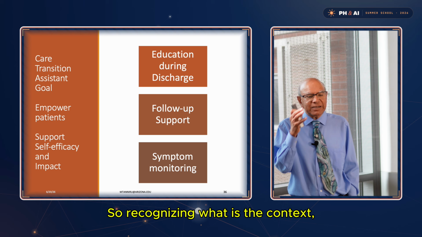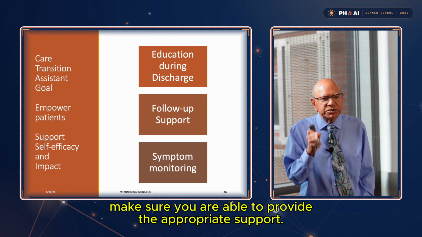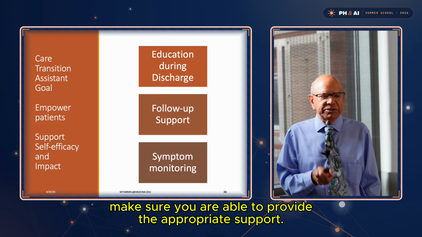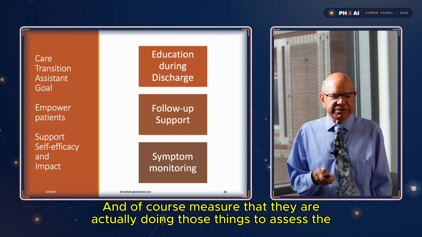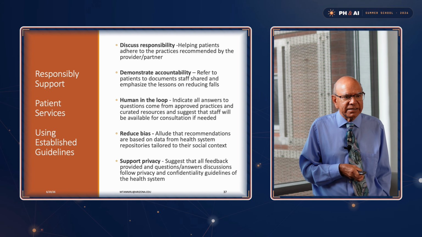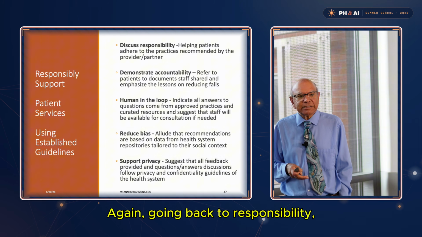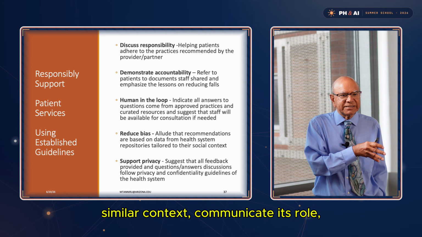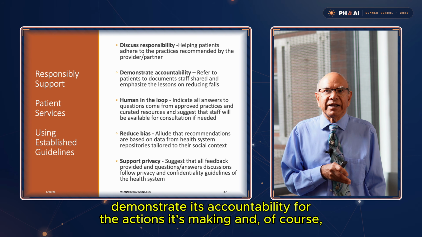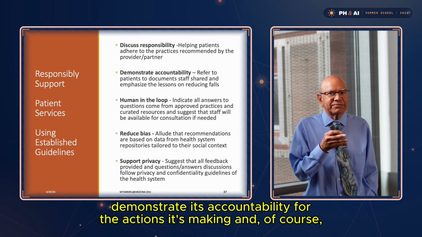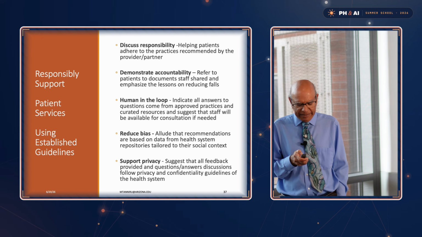So recognizing what the context is, make sure you're able to provide the appropriate support. And of course, measure that they are actually doing those things to assess the impact. Again, going back to responsibility, similar context: communicate its role, demonstrate its accountability for the action it's making, and of course, keep a human in the loop.